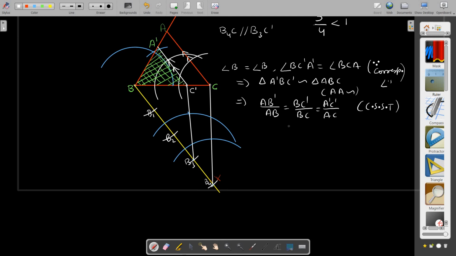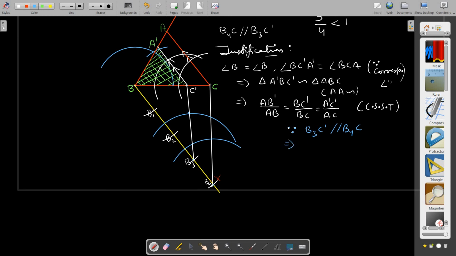Now, on the parallel side, let me show you, since I just run a bracket and just change the color of the pen. Yeah, since B3 C prime is parallel to B4 C by construction.